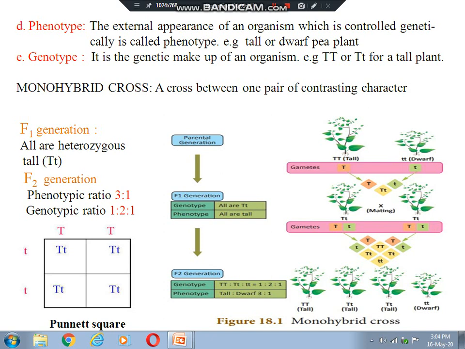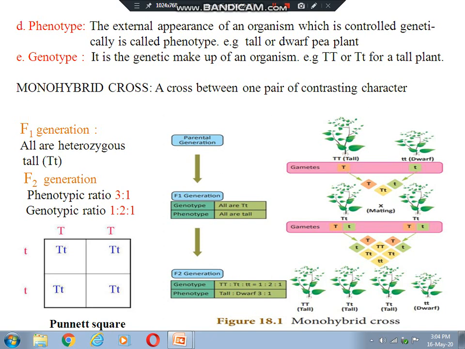That is why the offsprings produced by crossing one tall plant and one dwarf plant are produced in the F1 generation. The first generation is called the F1 generation, that is first filial generation. In this generation all the plants have the genotype capital T, small t. That means from outside they will be tall because capital T is there.